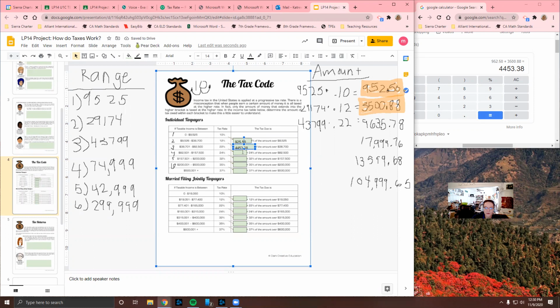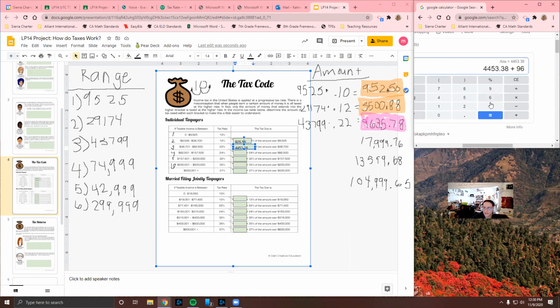Okay? Into the next bracket, we're still going to have to pay this amount, and we're going to add on the next bracket's worth of taxes. So this third amount here, we would add on what we're going to pay. So we take what we just had, that 4,453.38, plus that next bracket's worth of money, 9,635.78.